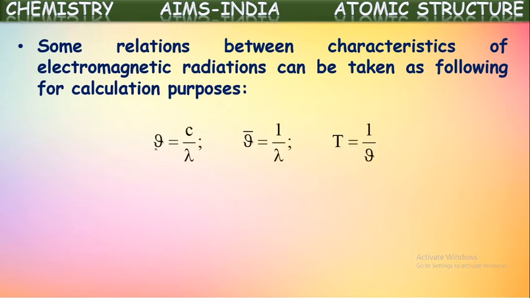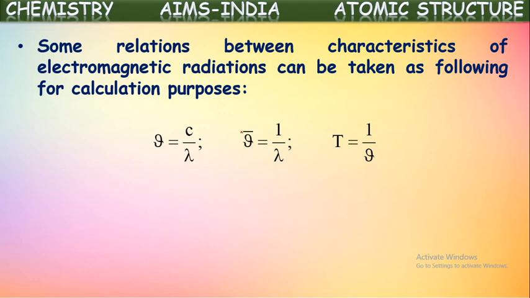Nu represents frequency and lambda represents wavelength. The relation between these two is nu is equal to c by lambda, where c represents the velocity of light. And one more relation, nu bar is equal to 1 by lambda, where nu bar represents wave number and lambda represents wavelength.